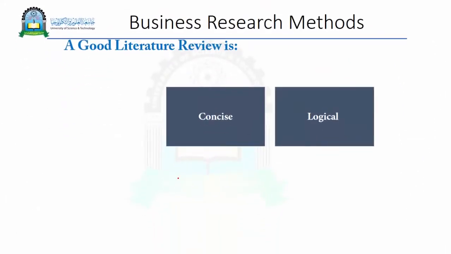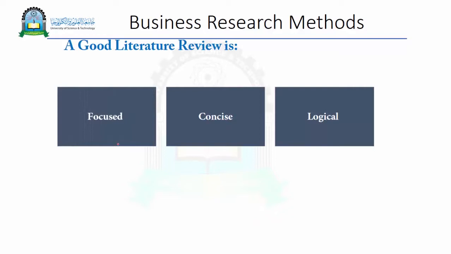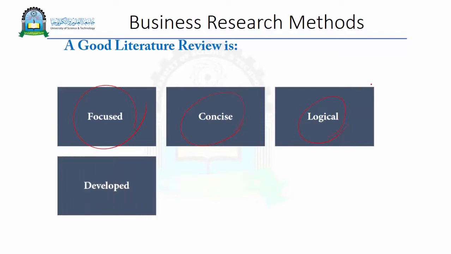A good literature review must be focused, so you focus on only one research problem. Concise: don't write anything that is not related to your work. Logical: when you discuss, synthesize, and criticize, you write logically so people can understand it and find it logical. And developed, so the idea needs to be developed.